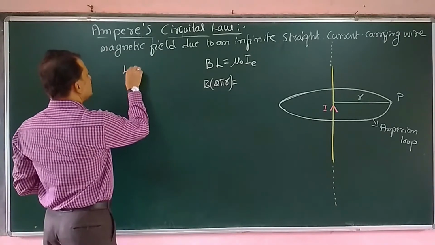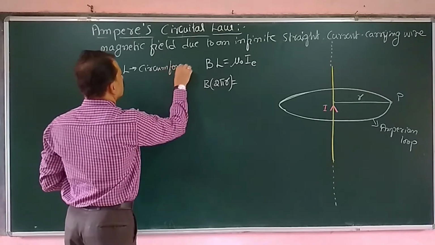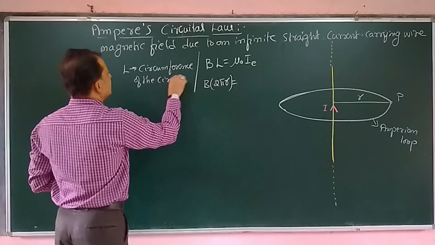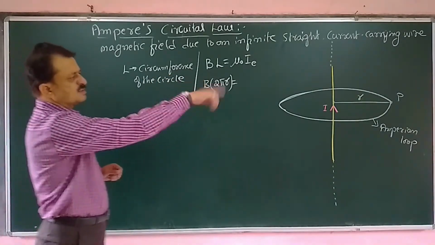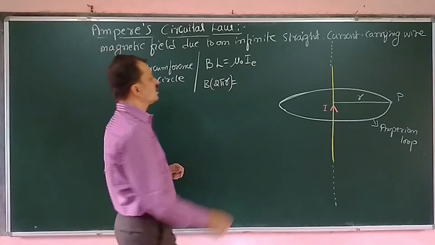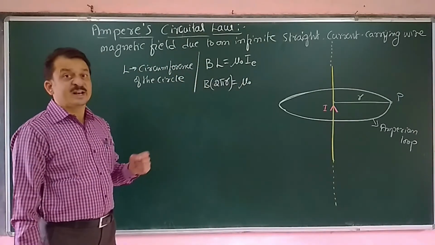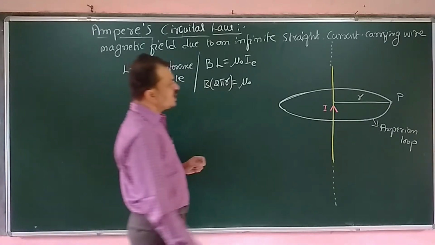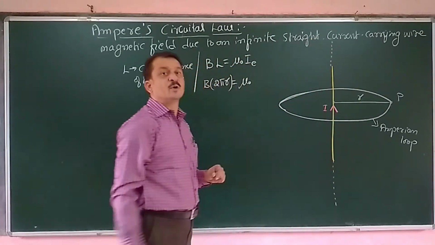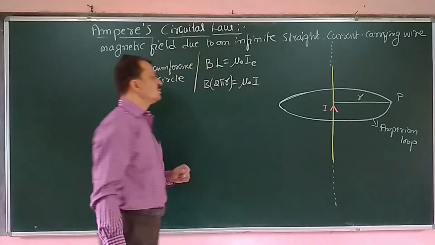So here L is the circumference of the circle, since we have chosen a circular loop here. B into 2 pi r equals mu naught, a constant permeability, into I, the current enclosed. Now this Amperian loop encloses the entire current which is flowing in the wire. So this becomes I.